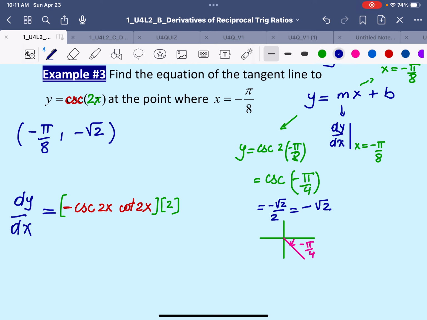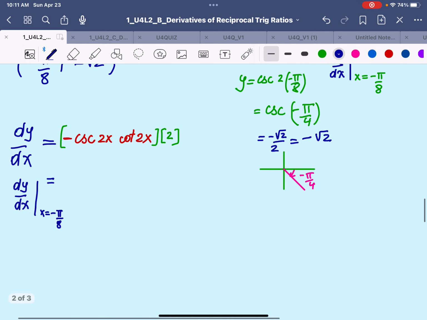We'll evaluate the derivative exactly at negative pi over 8. Since we have 2x in the derivative, why not just find the angle itself, 2x, which is negative pi over 4.